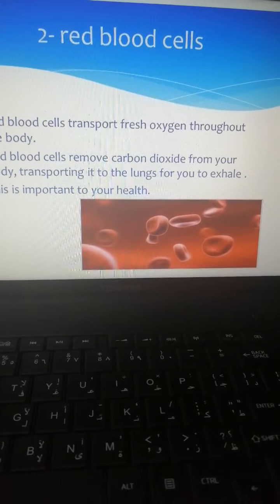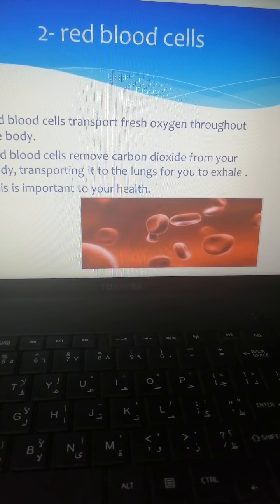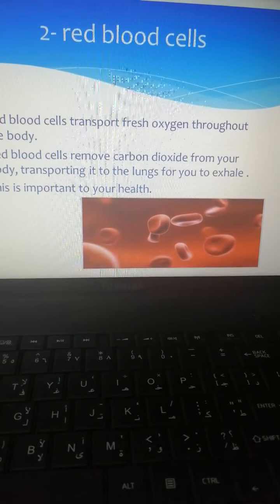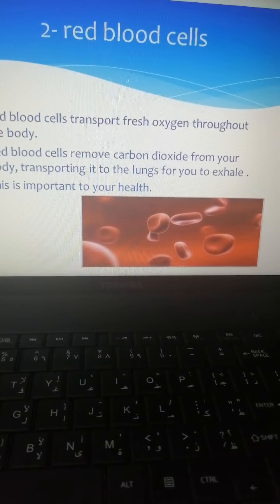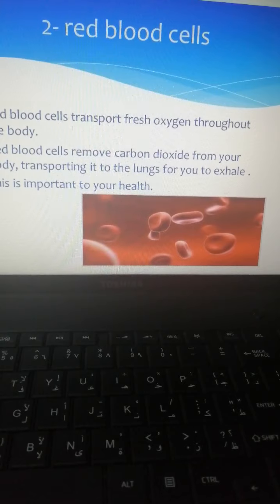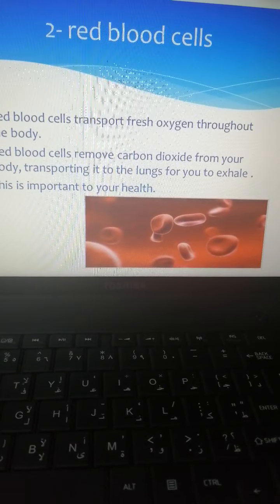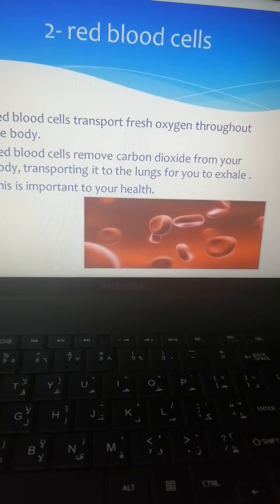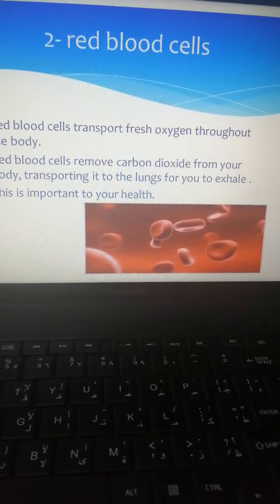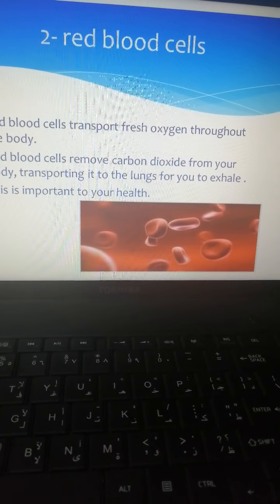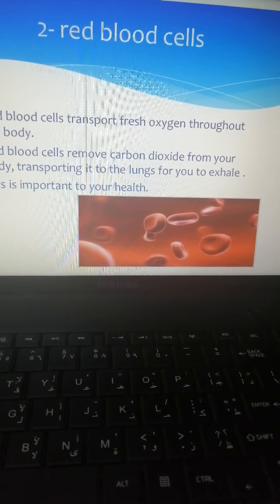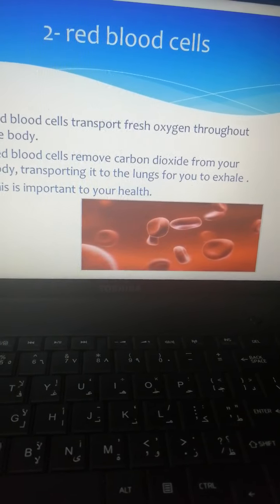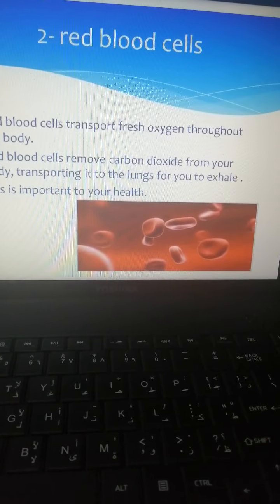And also, red blood cells remove carbon dioxide from your body and transport it to the lungs for you to exhale, through the exhalation process. So what is the function of red blood cells? They transport oxygen to the body and carbon dioxide from the body through the exhalation process.